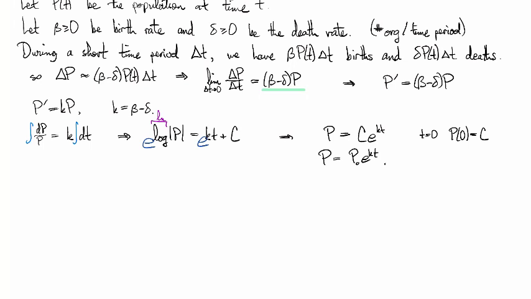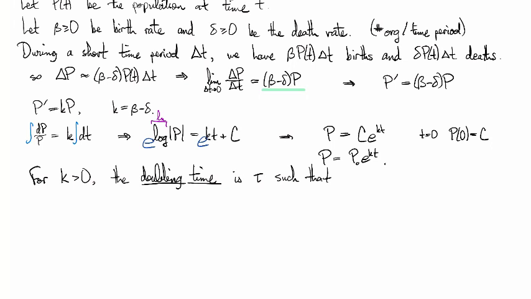We have a couple of ideas that go along with this. There are some properties that characterize exponential growth and decay. If k is positive, then we say the doubling time is the time interval tau such that if we increase the time by tau, then we double the population.